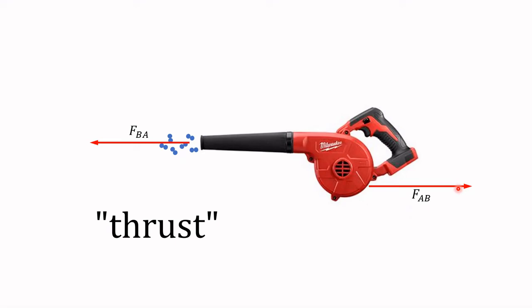And a rocket works much the same way as a blower. It ejects fuel particles one way, and the rocket receives a thrust in the opposite direction. So I would call this force the thrust force or the reaction force. It's the reaction against the force applied to the air. And if you're skeptical of that force because you've never actually used a leaf blower, I think I can provide some proof to you.